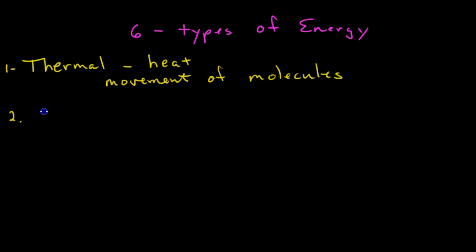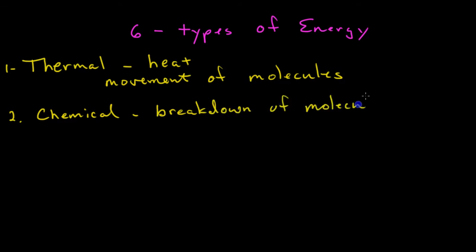The next one is chemical energy, and this is from the breakdown of molecules. And what happens here is if we eat something, and have some sugar or something, this can break down some carbohydrates, and we have this huge molecular structure with all these carbon atoms attached to all these hydrogen atoms.